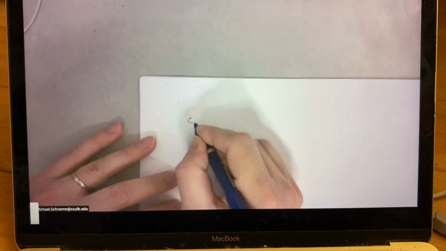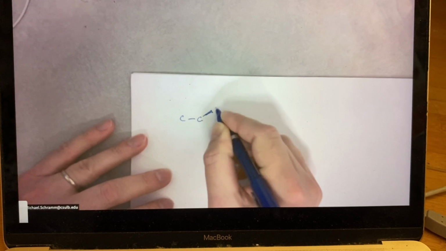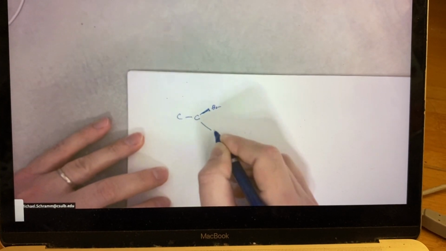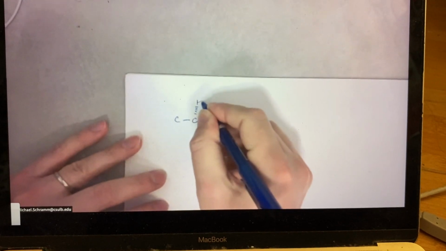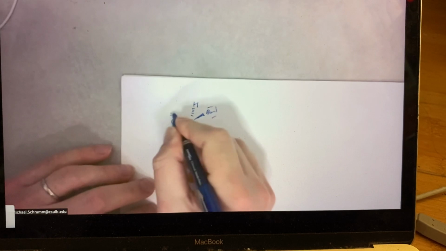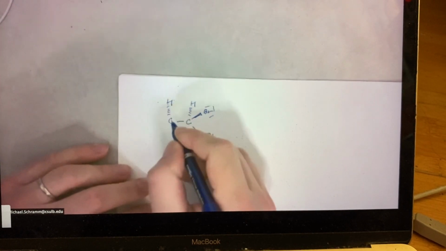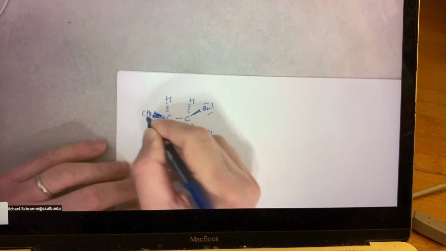I'm going to draw this a little bit differently. I'm going to draw a molecule that can undergo an E2 reaction. I'll give you time to catch up with my drawing. I know my drawing's a little different than usual right now.